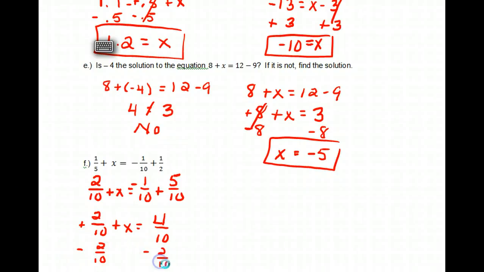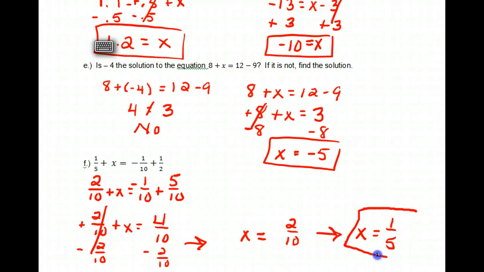So I will subtract 2/10 on both sides. That's going to make 0 on the left and leave us with x equals 4/10 minus 2/10 equals 2/10. The 2/10 can reduce to 1/5. So x equals 1/5.